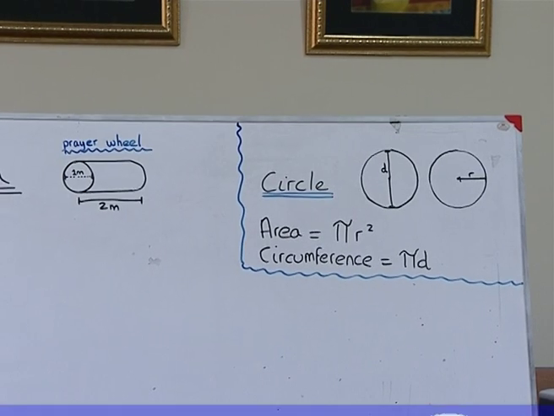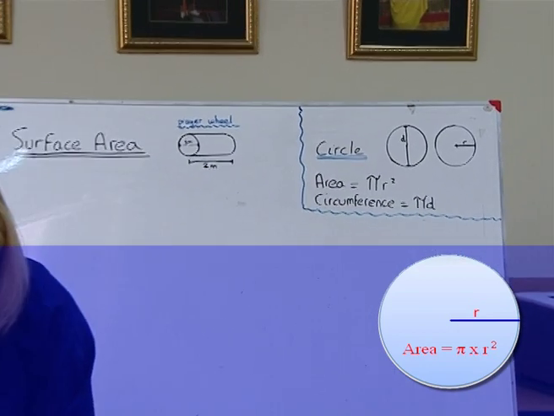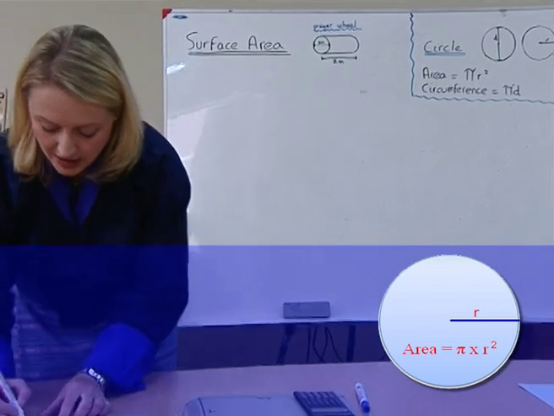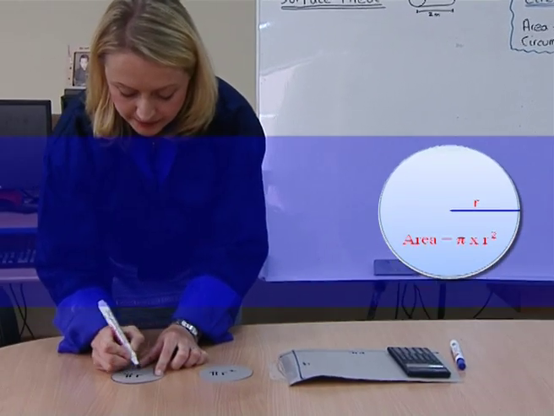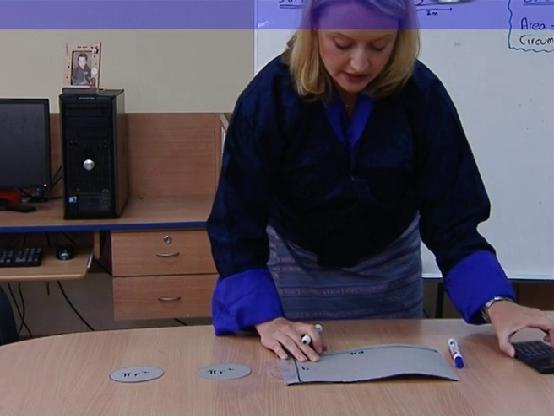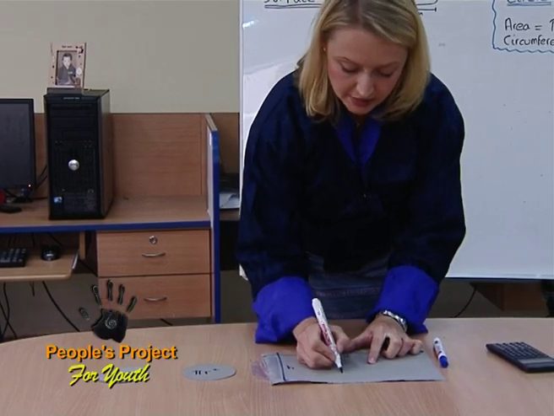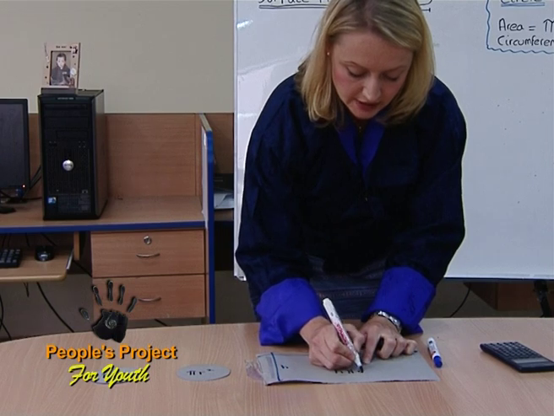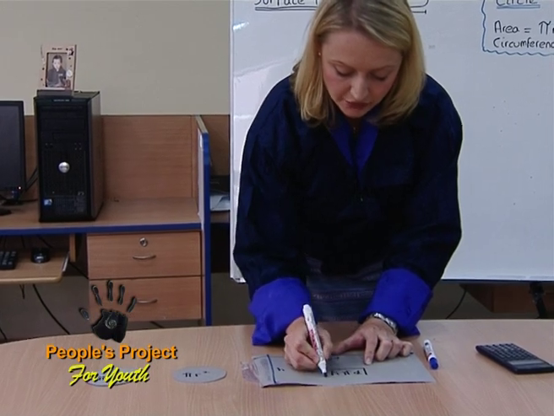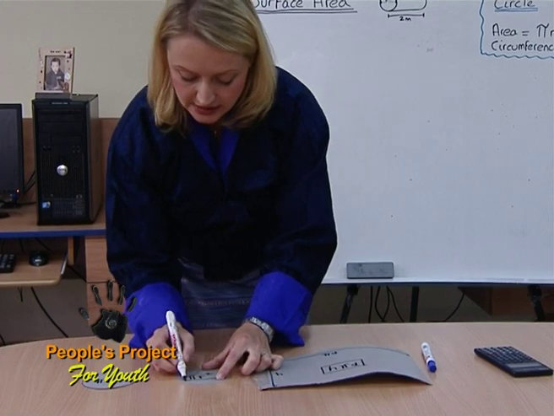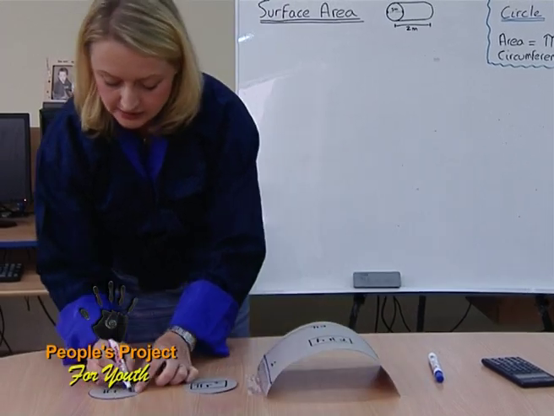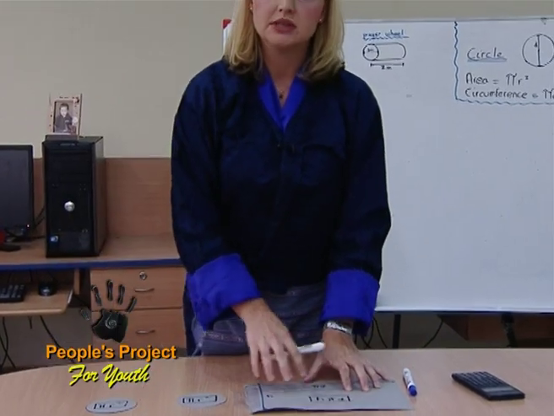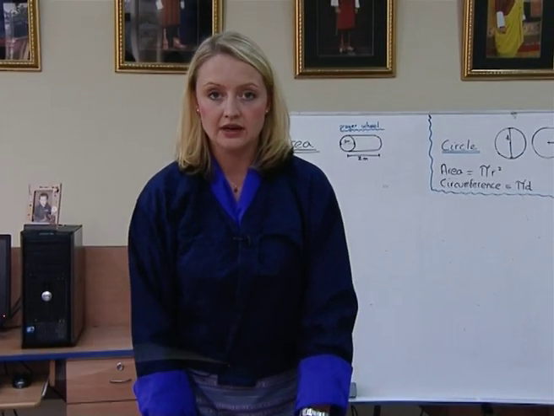So we know that each of these has an area that is pi times the radius squared, and we have two of those. And we've said that this one, the area is going to be the height times pi times the diameter. So if we were to work out these three areas and add them together, that would give us the total surface area for our cylinder.